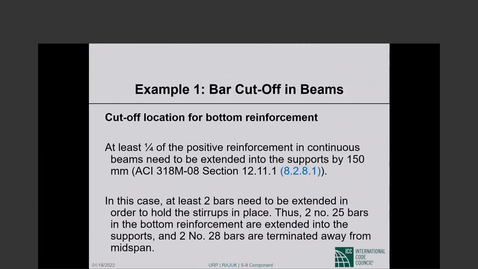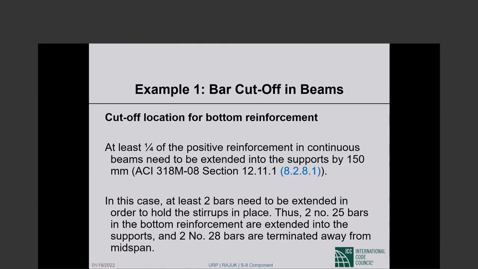Okay. So here are the calculations. At least 1/4 of the positive reinforcement in continuous beams needs to be extended into the supports by 150 millimeters. This is the 318 requirement. In this case, at least 2 bars need to be extended in order to hold the stirrups in place.